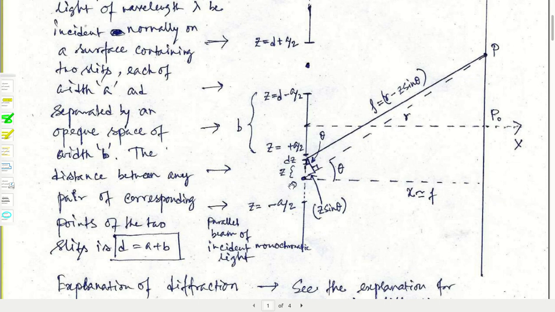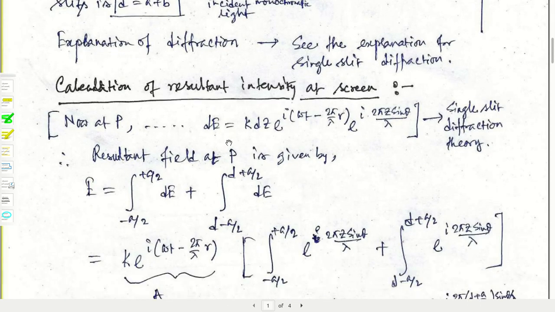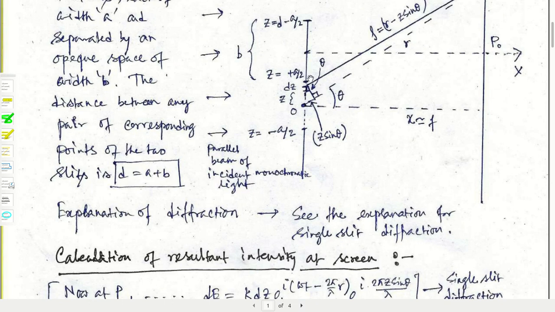Now start from the length dz. The process is similar. The electric field at the point P due to the line element dz is k into dz into e to the power i into omega t minus 2 pi by lambda into r, into e to the power minus i into 2 pi z sin theta by lambda, where z sin theta is the path difference between two rays which are diffracted by an angle theta, one coming from O and another coming from the element dz.